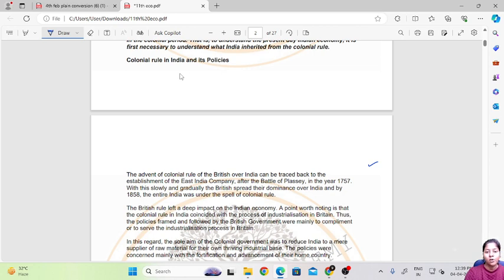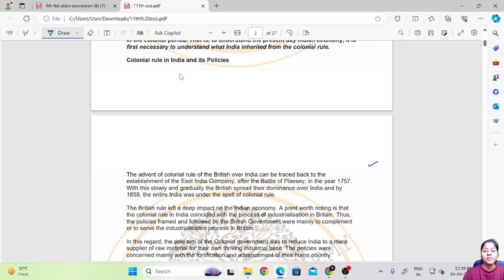The advent of colonial rule of the British over India can be traced back to the establishment of the East India Company. After the Battle of Plassey in the year 1757, slowly and gradually, the British spread their dominance all over India. British rule has left a deep impact on the Indian economy.